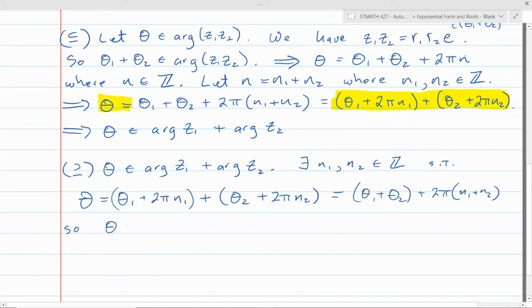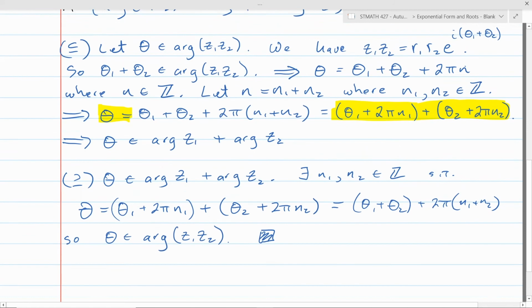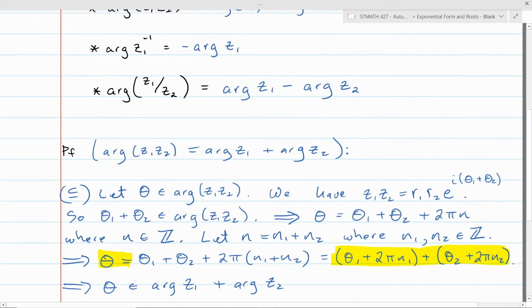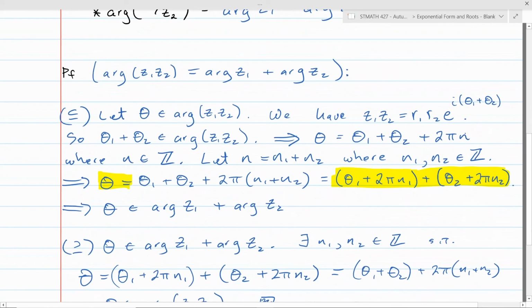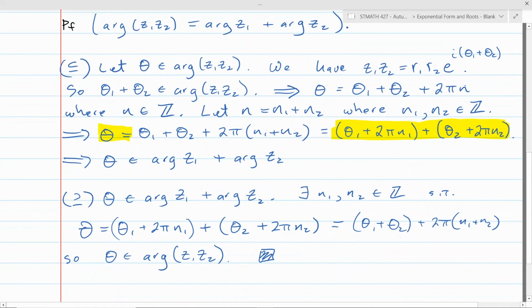So theta is an argument. We've expressed it as an argument of z1 times z2 plus some multiple of 2 pi. So theta is an argument of z1, z2. And the other arguments would be very similar to this sort of argument. So it's not super hard. I think the cleanest way to do it here is just to do a double containment argument.